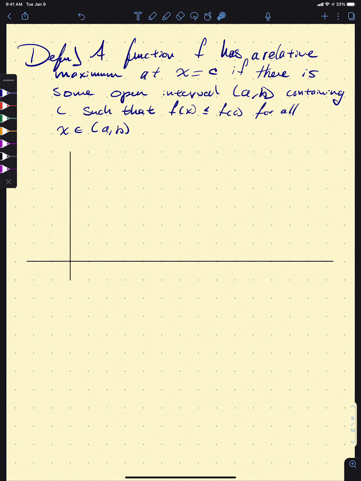Does this definition do what we would expect? So let's grab a function like that, say, and we should expect this guy and this guy are our local maximums.